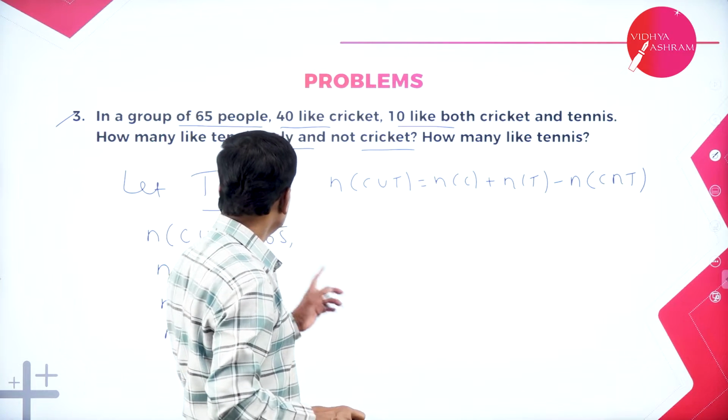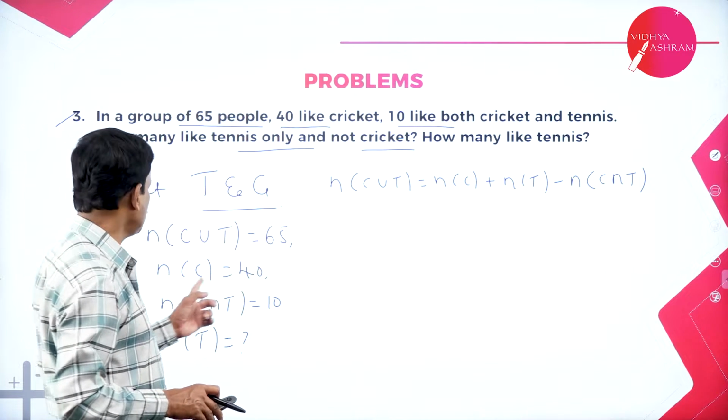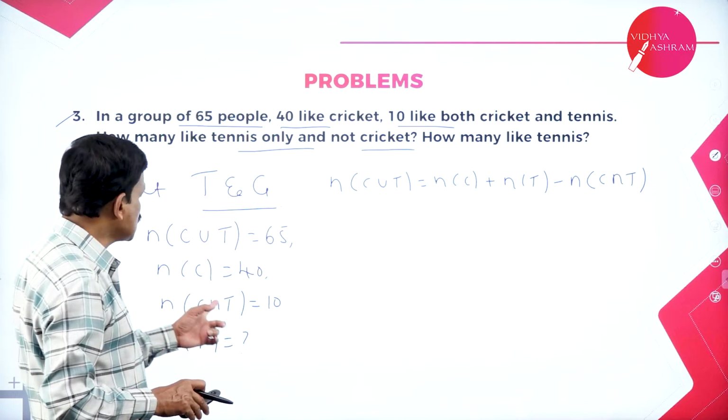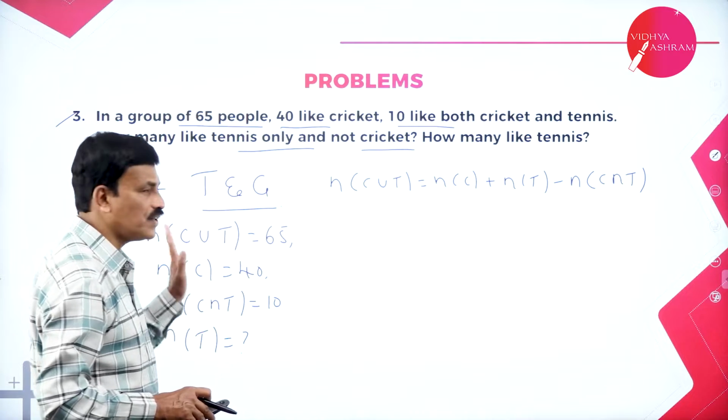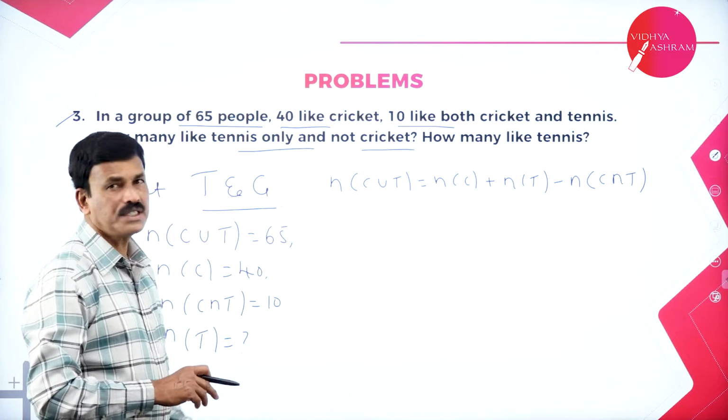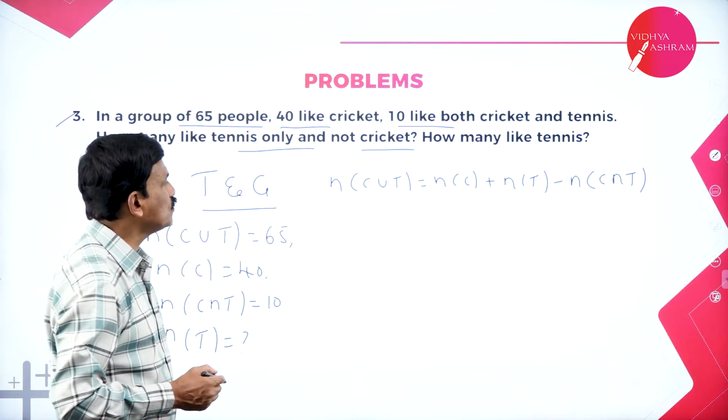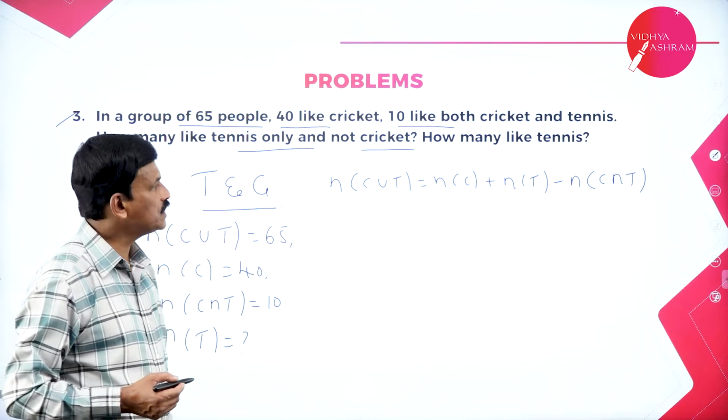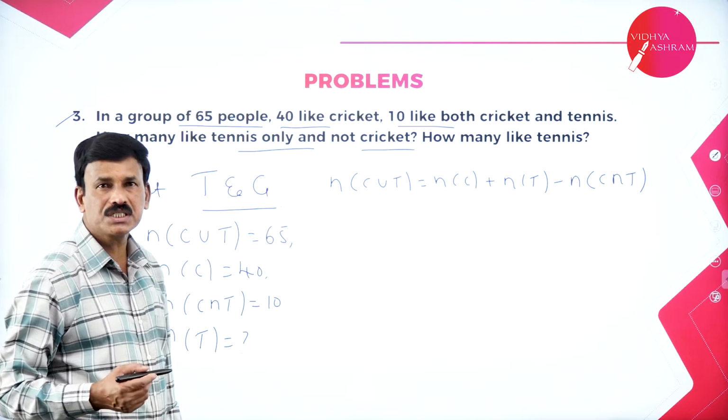Now what is given? n(C ∪ T) is 65, n(C) is 40, n(C ∩ T) is 10. What is required to find first is n(T). We know that n(C ∪ T) = n(C) + n(T) − n(C ∩ T).